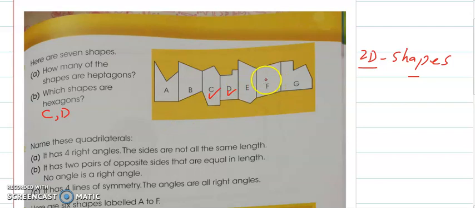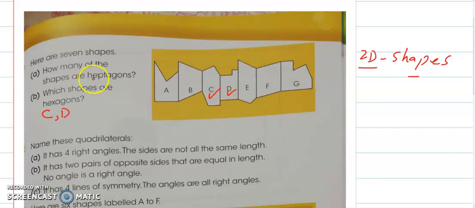If I look at F, it has 1, 2, 3 and 4 sides only. So it's not a hexagon. Looking at G, it has 1, 2, 3, 4, 5, 6 and 7 sides. Again I will count: 1, 2, 3, 4, 5, 6 and 7. So it's not a hexagon.